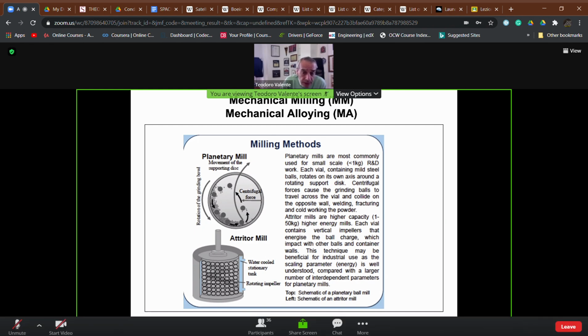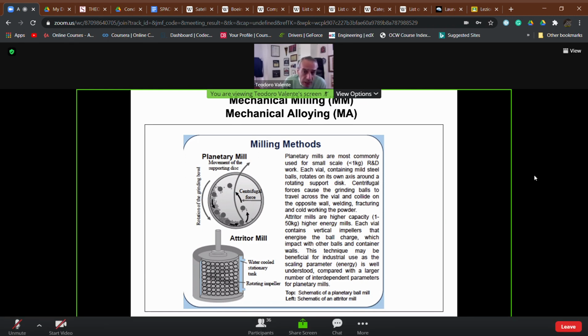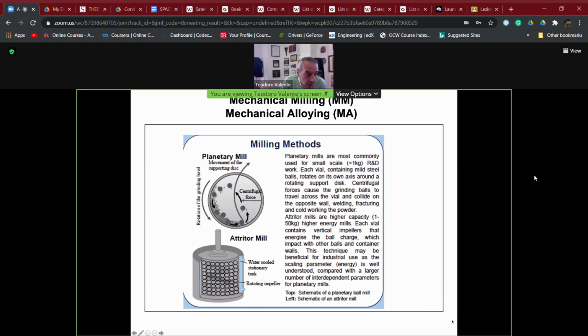Instead, attritor mills have a much higher capacity, from 1 to 50 kilograms, so they are used for our purpose when we want an amount of powders which can be used for the fabrication of real components having engineering size.